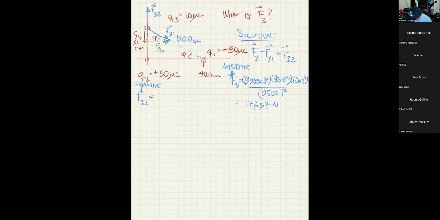So first off, I'm going to compute the magnitude of F32. So that's 8.988 times 10 to the 9th. And actually, sometimes it's a lot more efficient to write like Excel does. So I'm going to say the charge on Q3 is 60 E negative 6, and the charge on Q2 is 50 E negative 6.